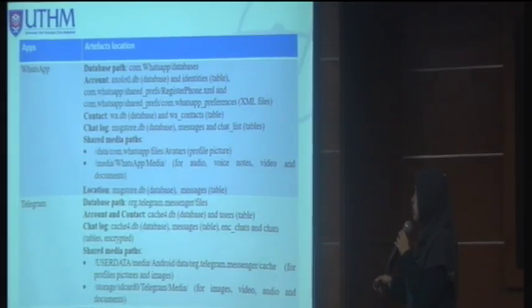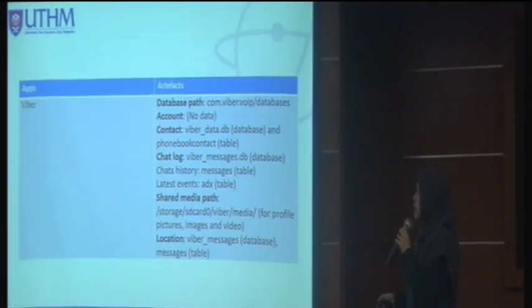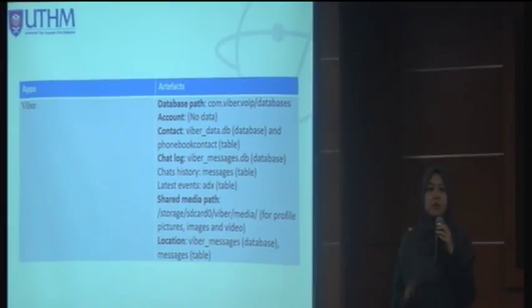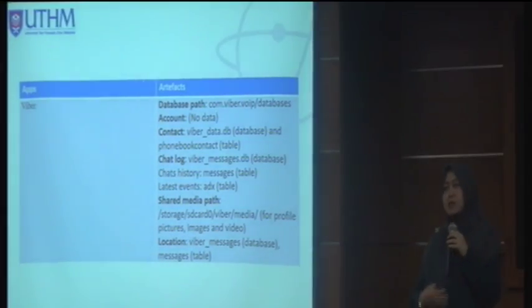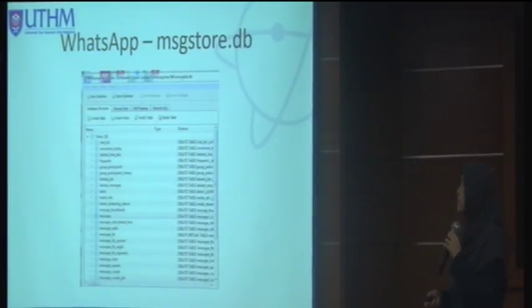So this is for WhatsApp, this is for Telegram, and this is for Viber. After you get the files and the data, it is time for you to do the analysis.